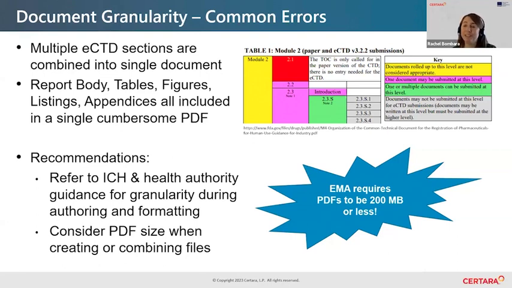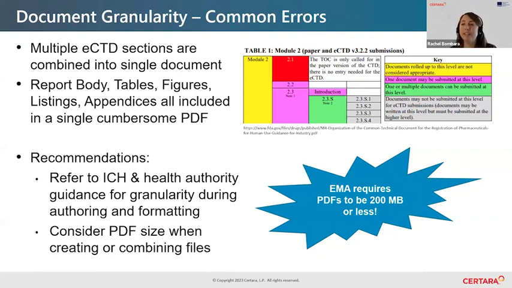Now, for example, this table shows that providing a single document for the entirety of Module 2 is not considered appropriate, but breaking it down into files for Section 2.2, Section 2.3, or even some subsections can be accepted, and this can help with updates in the future or have more granular pieces to work with and publish individually and update individually.